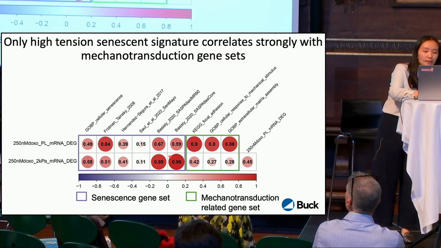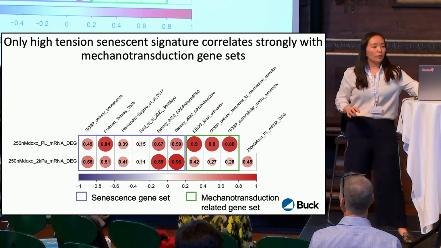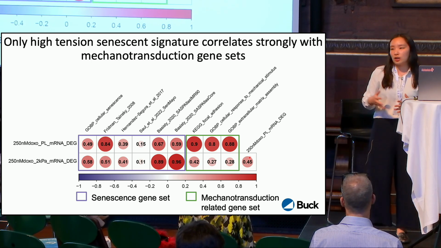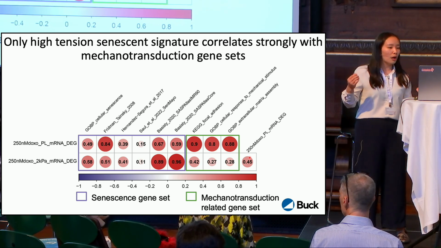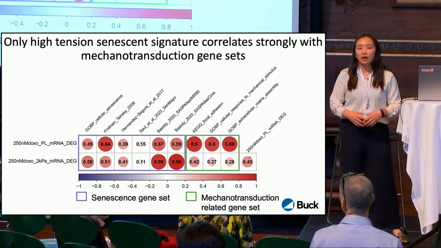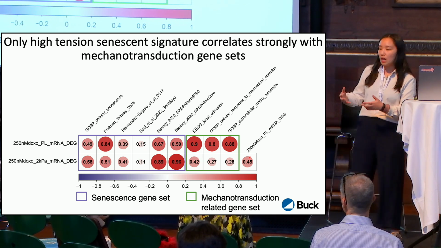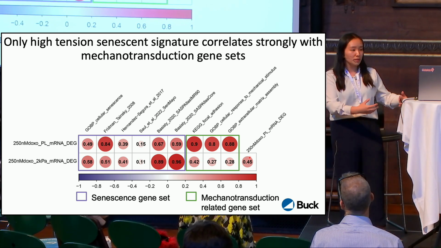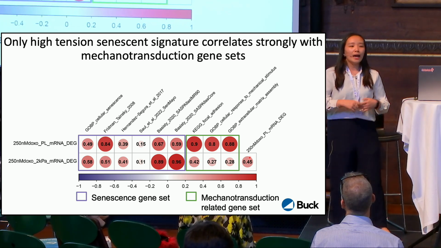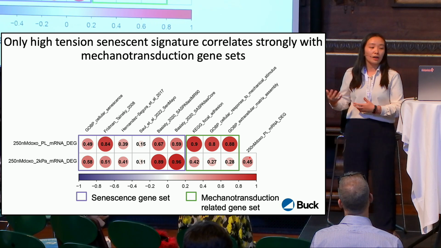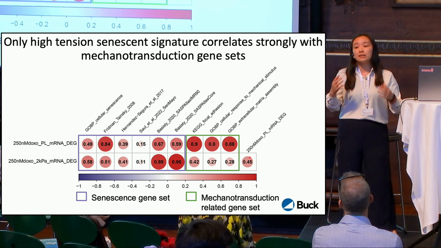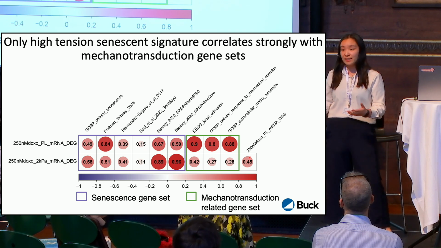But what's interesting is on the right side, when you look at these mechanotransduction-related genes, only cells cultured in high tension show a stronger positive correlation. Mechanotransduction genes are a group of pathways that are responsible for transducing the force into the cells, modulating the cells through transcription or translation, and thereby reflecting different cell phenotypes. So this demonstrates that even in senescent cells, these mechanotransduction genes are at work.